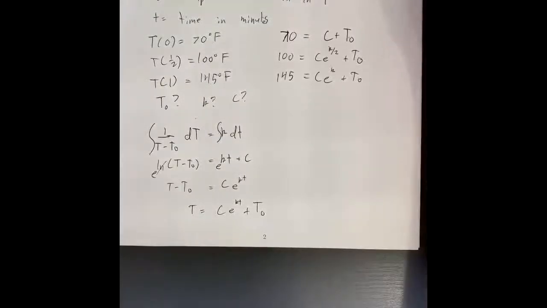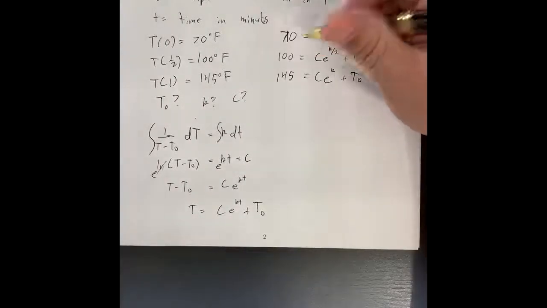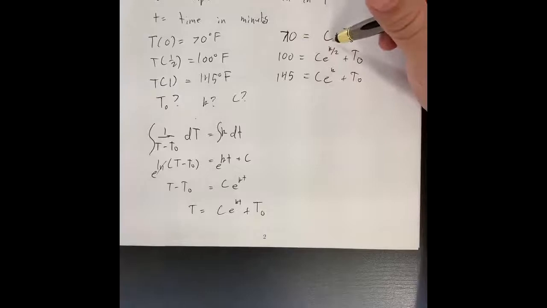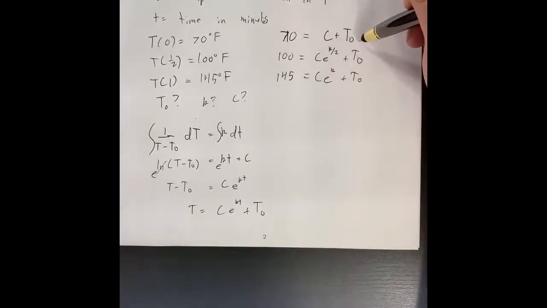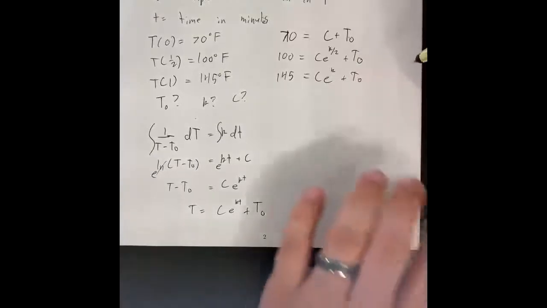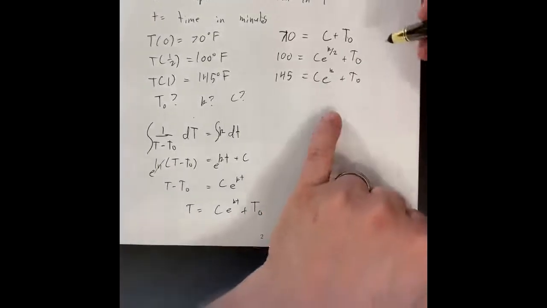So what might we try and do? This first equation tells us if we know what C is, then we can find what T naught is. Okay, so we need to try and solve for C. So how might we solve for C?